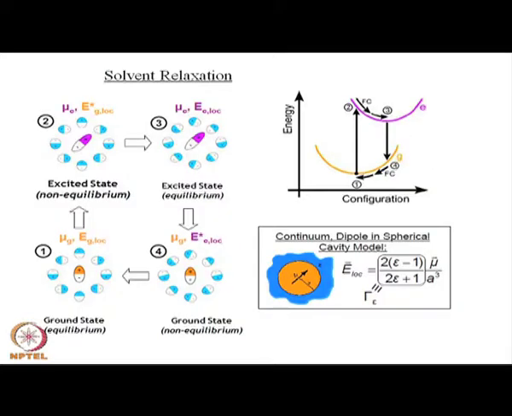Now, solvent relaxation. What is solvent relaxation? Whenever you talk about fluorescence spectroscopy and the dynamics of solvation, the point we should always remember is that you are taking some fluorophore and you excite it to some electronically excited state.